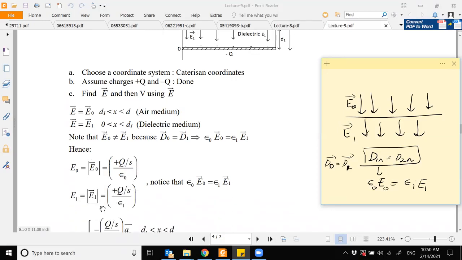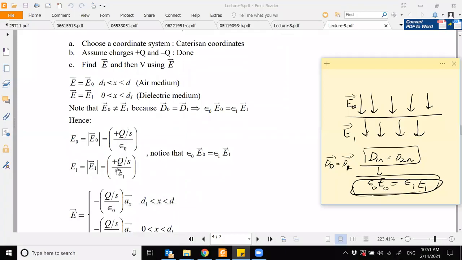But my E1 will be Q over S epsilon 1 in this region. If you check, they both satisfy this boundary condition, epsilon 0 E0 equals epsilon 1 E1. This is important, they need to satisfy it, otherwise these expressions will be wrong. Halas, we got E0 and E1.